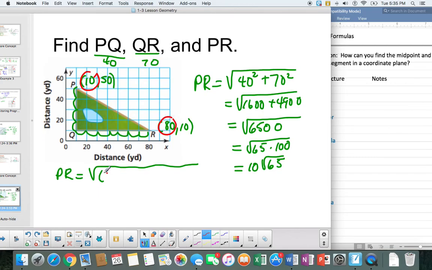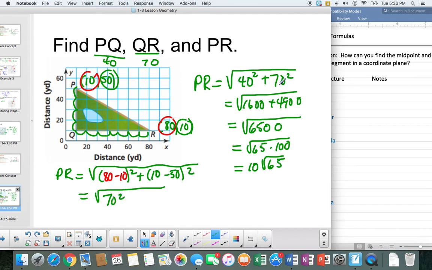That'll be 80 take away 10, squared, plus, now we're going to take away the two y's. Since I started with 80 here, I want to start with 10 here. 10 take away 50, squared. This number will be 70, so this will be 70 squared.